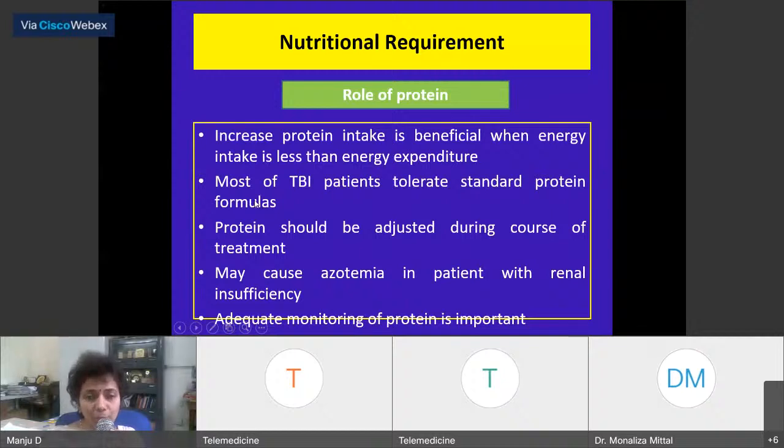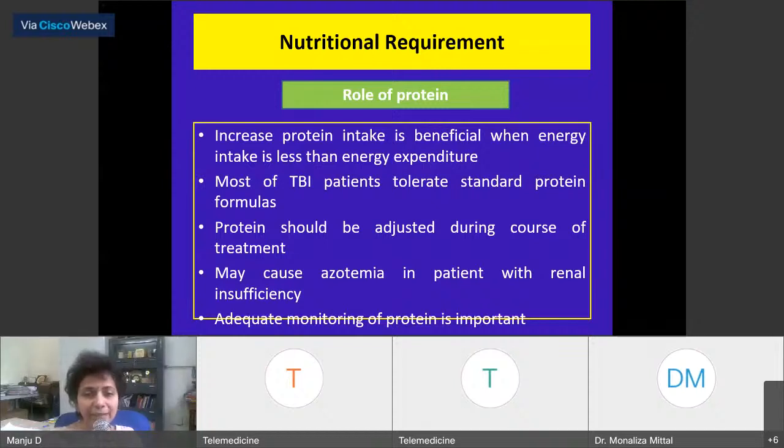So what is the role of protein? We said that up to 2.5 gram of protein per kg per day is to be given. There is no point in giving so much extra protein because our body can metabolize a maximum of 2.5 only. So there is no point in just enriching the patient with protein, but we have to make sure that the daily need is met.